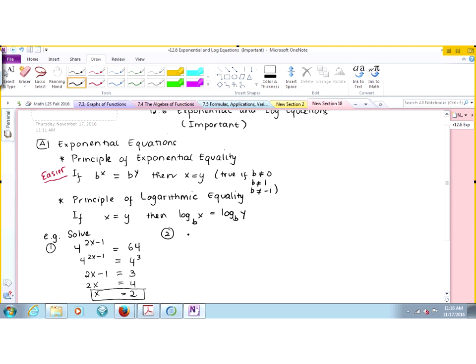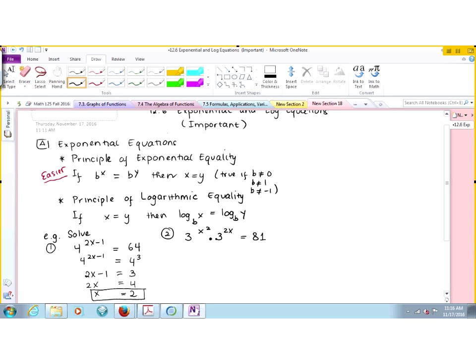Now, the next one is probably easy too. 3 to the x squared multiplied by 3 to the 2x is equal to 81. I sort of have to use the law of exponents here.